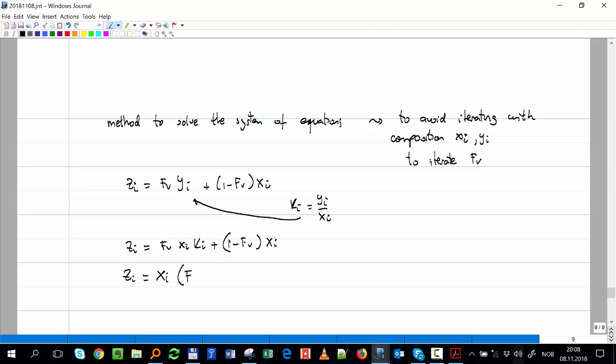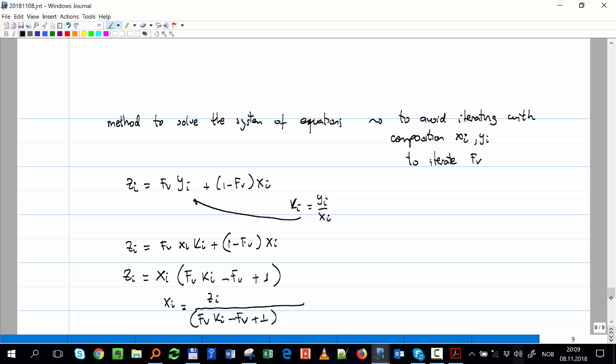So I have xi times FV Ki minus FV plus 1. And then I express xi as zi over FV Ki minus FV plus 1.